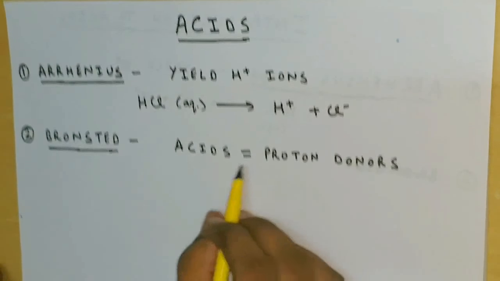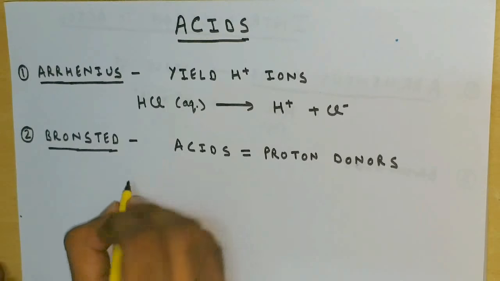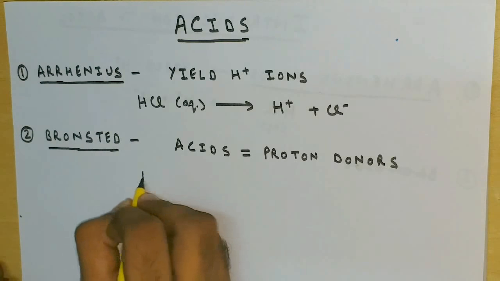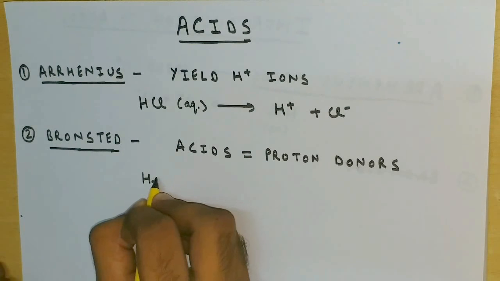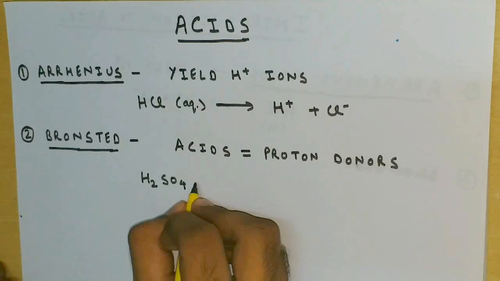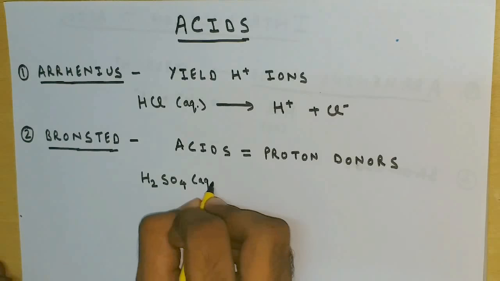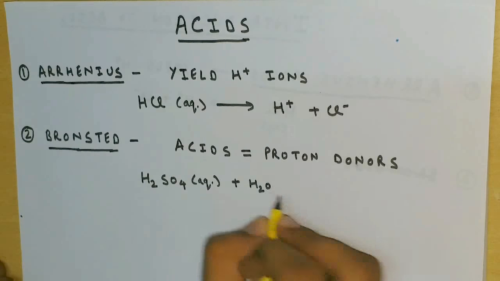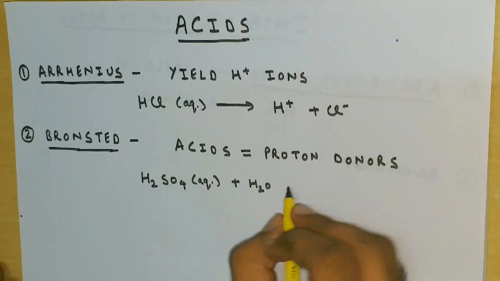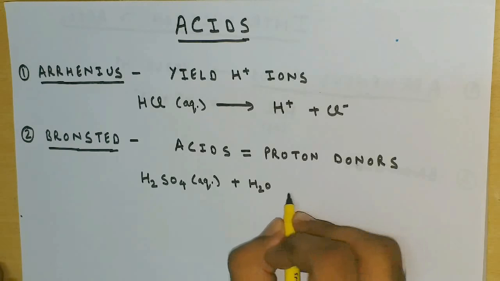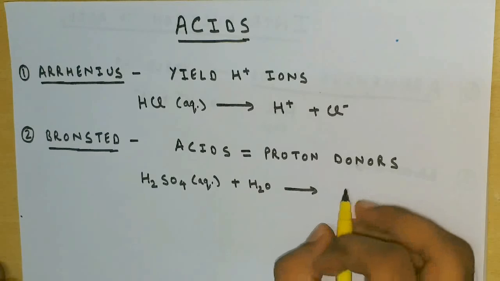Again, I will take a very common acid to illustrate this. I will consider aqueous H2SO4. In water, it will donate one of its H plus to produce H3O plus and bisulfate anion.